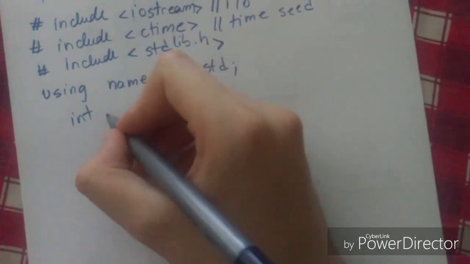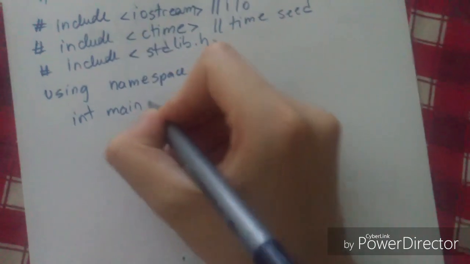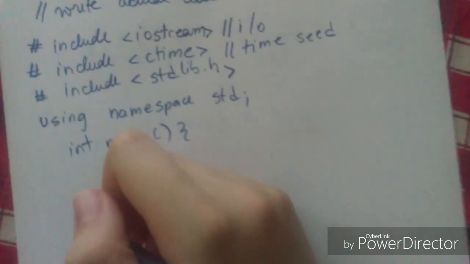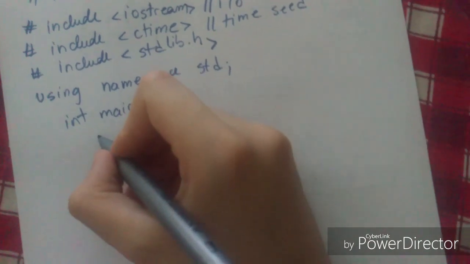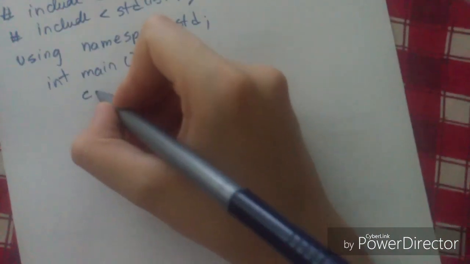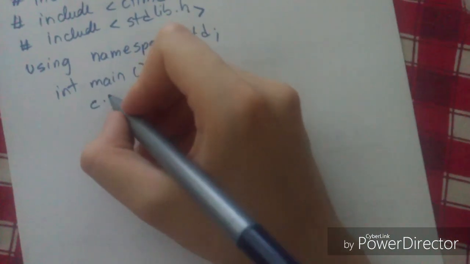Let's jump to main. As I said, we're not using classes or anything, so everything is going to be in the main file, main.cpp. And now we are going to create a heading. You can create one, you can just leave it, whatever.